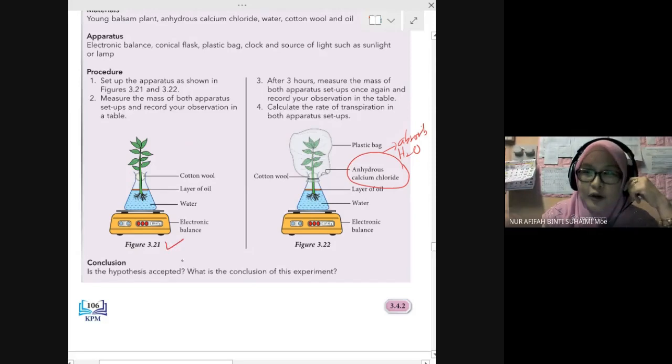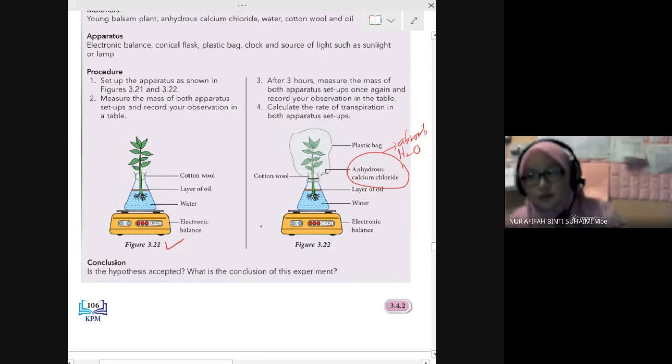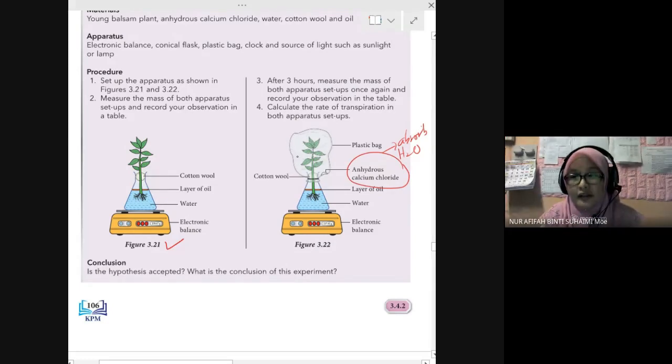3.21 is more humid. Why? Because in 3.22 we already put some anhydrous calcium chloride to absorb all the water vapor. So the condition here becomes dry, always dry.